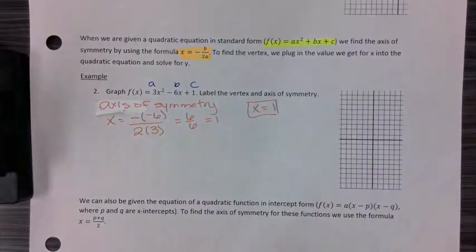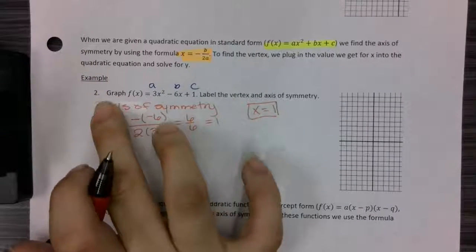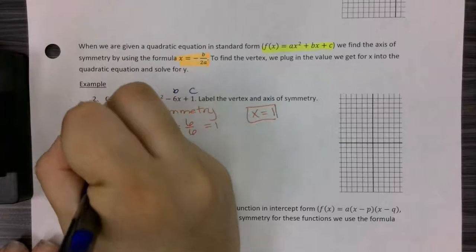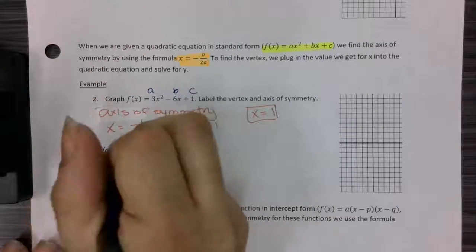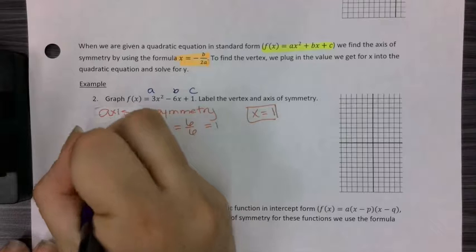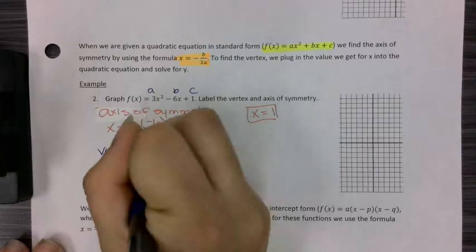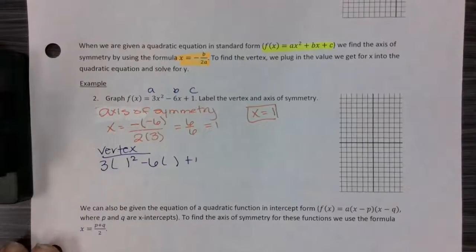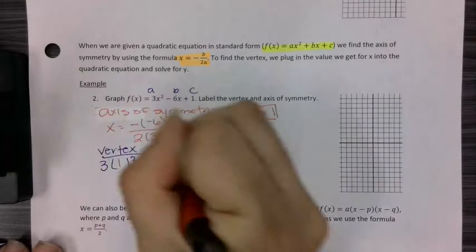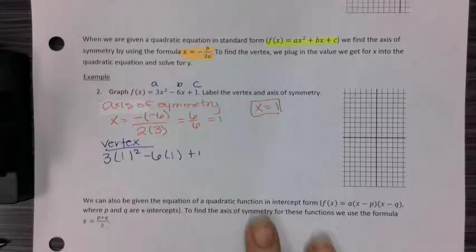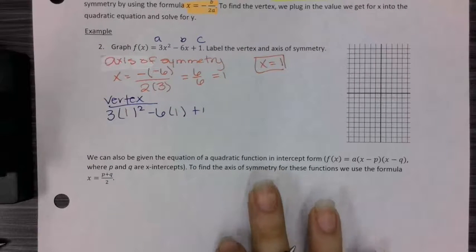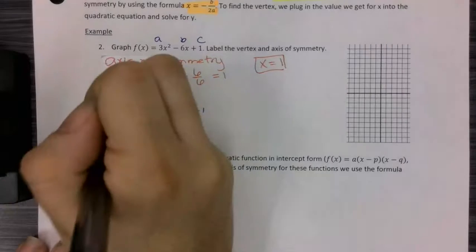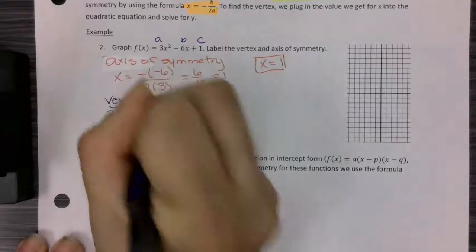And then I need to find my vertex. So to find the vertex, I'm going to plug in 1 into that equation. Okay, so I have 3 times 1 squared, which is going to be 3 times 1.